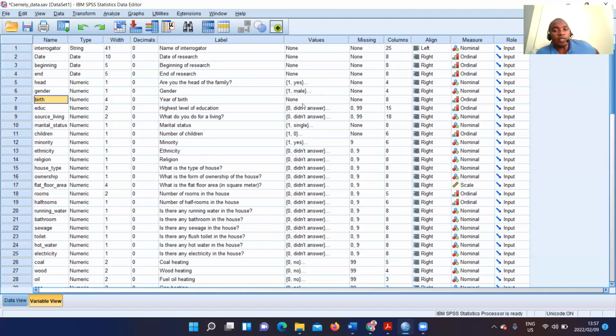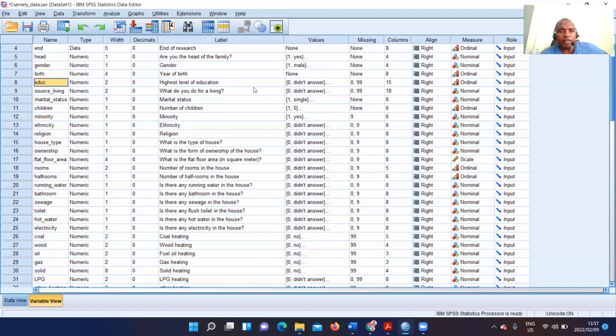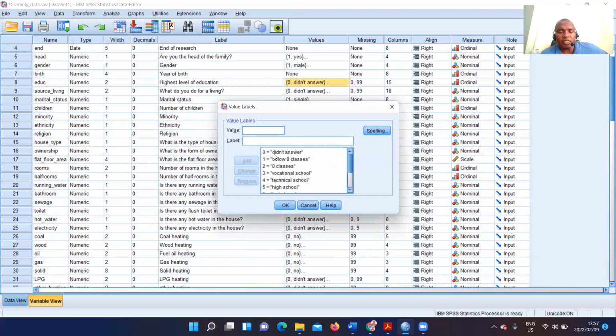And then education is the highest level of education of the respondents, which was coded as 0 didn't answer, 1 below 8 classes, 2 8 classes, 3 vocational school, 4 technical school, 5 high school, 6 technicum, 7 college, 8 university, 9 other, 9 doesn't know.